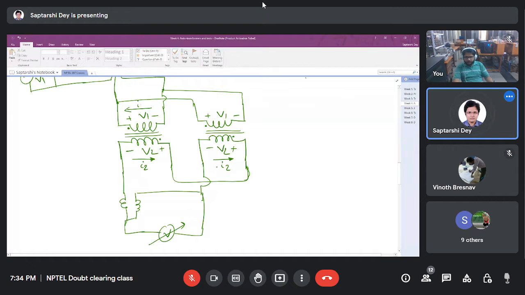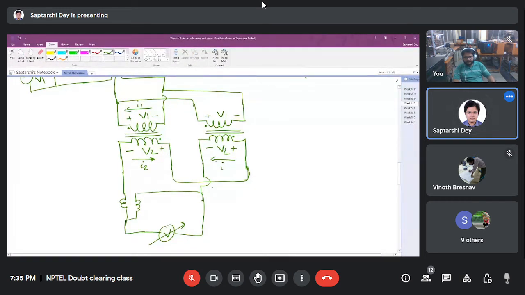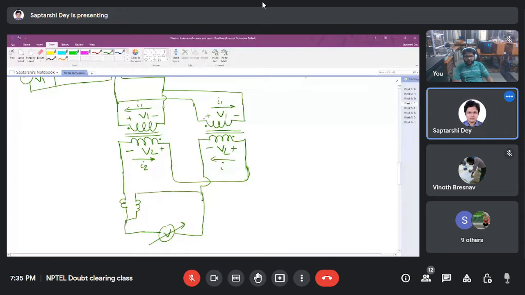No, sorry, this was wrong. I want you people to be vigilant at least. So I2 was flowing like this. If I2 is going in this way, it is coming in this fashion. See, they are connected in series, so dotted to undotted, it will flow. So by transformer action, I1 will flow like this.